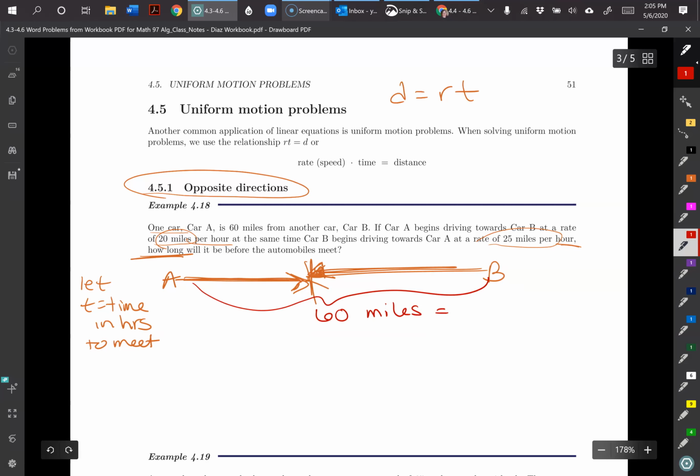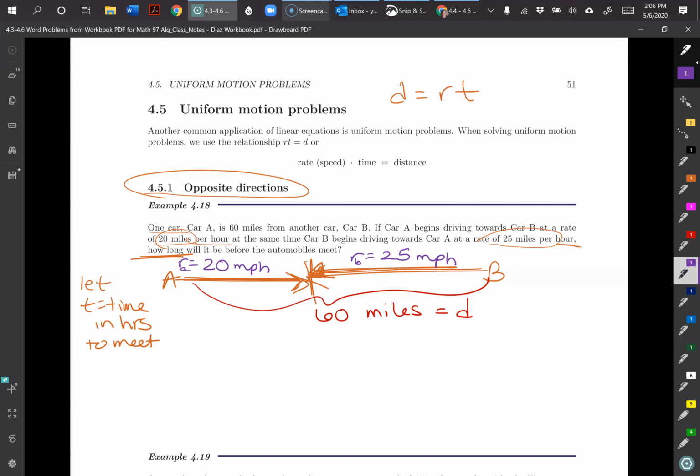So that is D. So we want to track that. So I'm going to write that out. We also want to track up here that car A is going at a rate of 20 miles per hour, and car B is going at 25 miles per hour. So that one's a little faster.